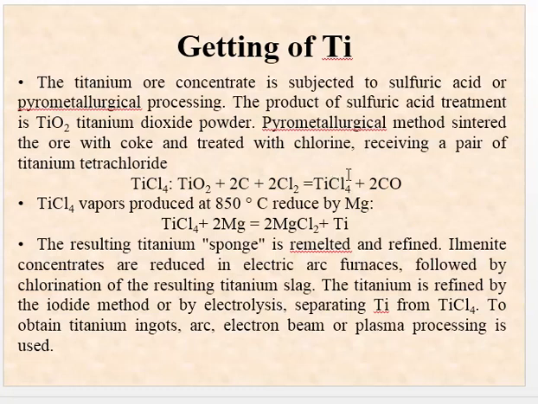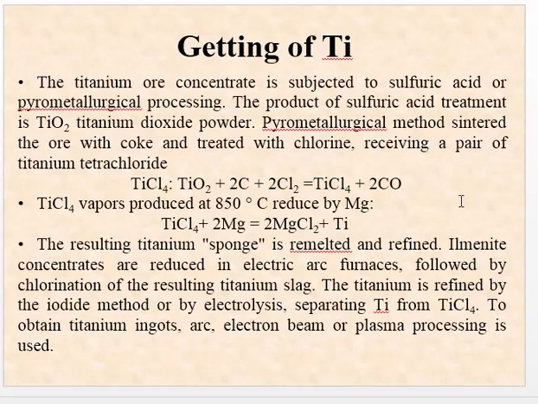And the titanium tetrachloride vapors produced at 850 degrees are reduced by magnesium. And at last we can get titanium this way. And the resulting titanium sponge is remelted and refined.